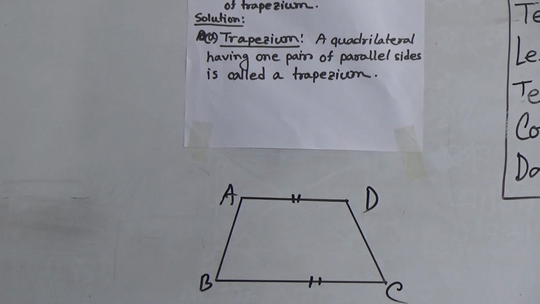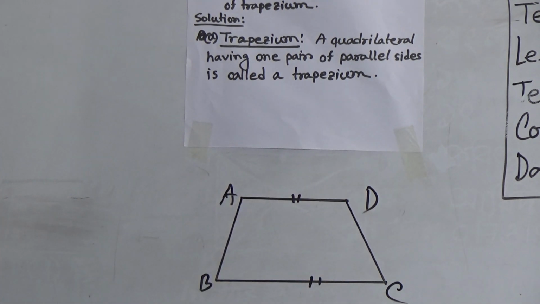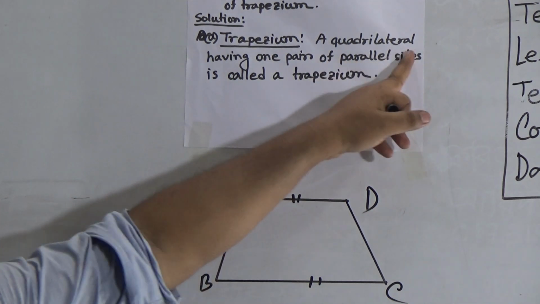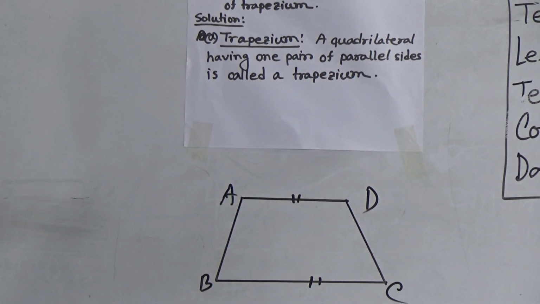So we can say in this quadrilateral there is one pair of parallel sides. A quadrilateral having one pair of parallel sides is called a trapezium. I hope you have understood.